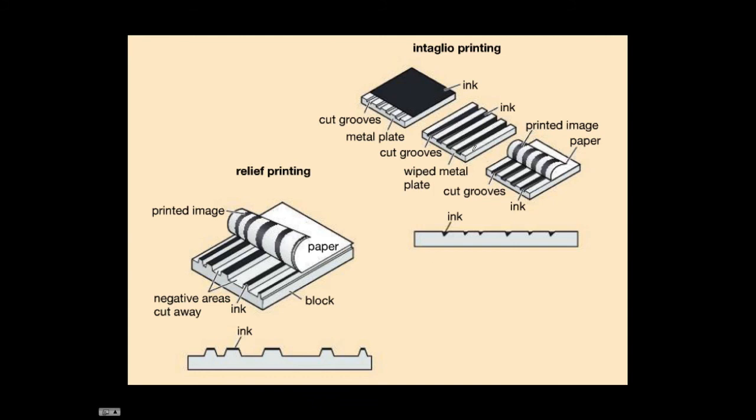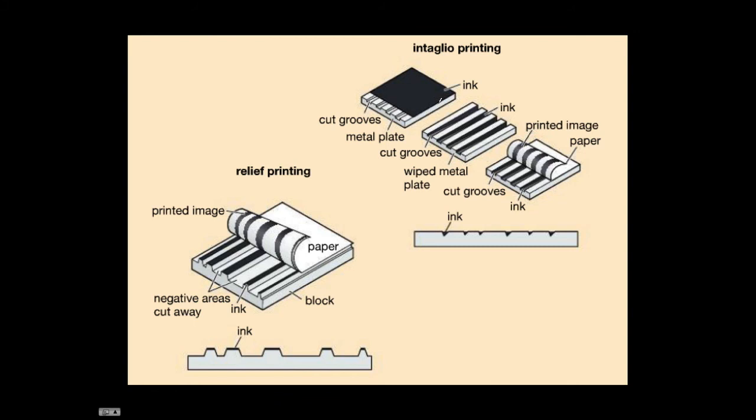An intaglio, or an engraving, is done in a metal plate, and an artist will take a burin, or a sort of V-shaped carving tool, and slice into the metal plate and carve away where they want there to be black lines. So you see that they carve these little V-shaped divots into the metal.